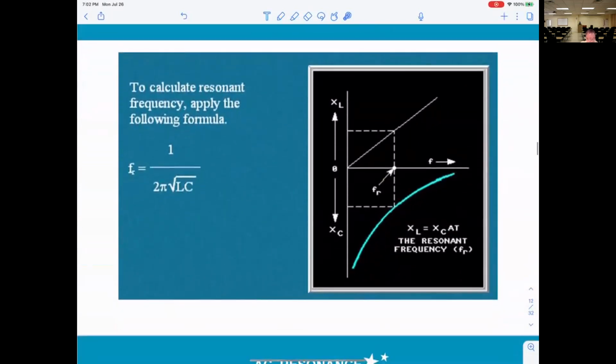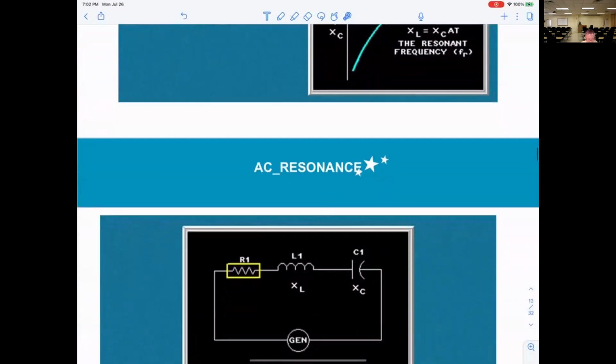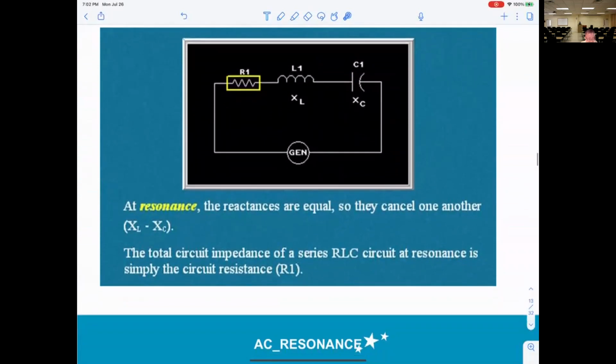Okay, to calculate the resonant frequency, you're using this formula here. Fr equals 1 over 2π square root of L times C. At the resonance, the reactances are equal, so they cancel one another, XL minus XC.